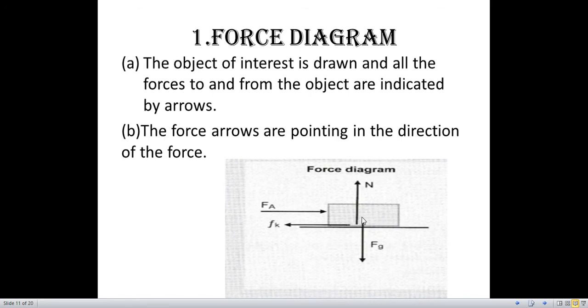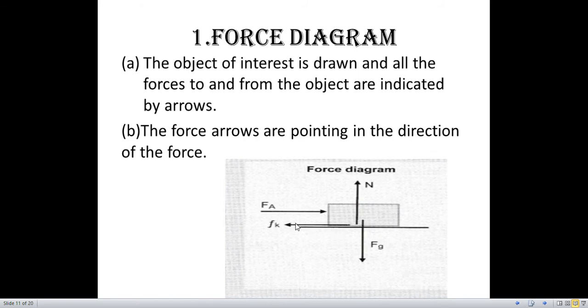For example, looking at your normal force there, it's applied perpendicular to the ground, and then your applied force goes to the right. The arrow is pointing to the right. This is the direction in which the force is applied.